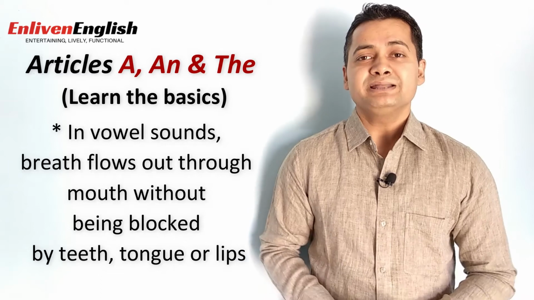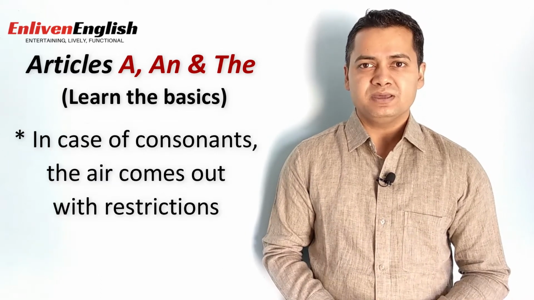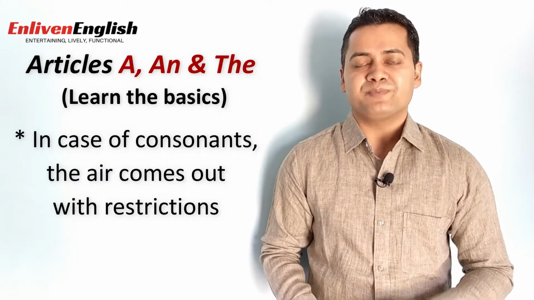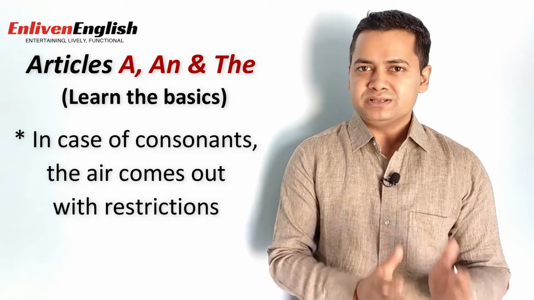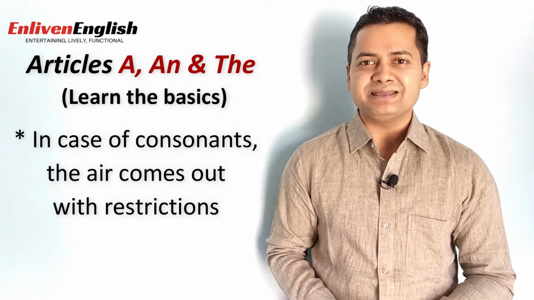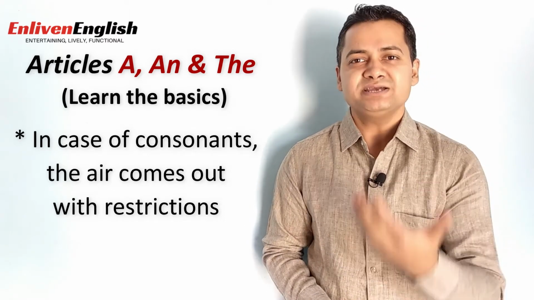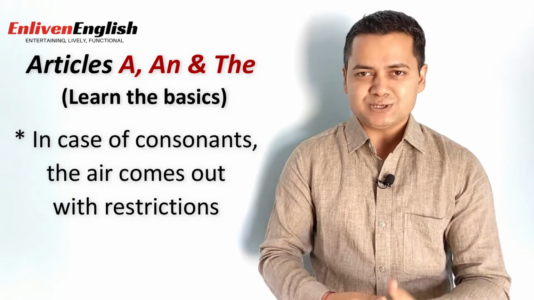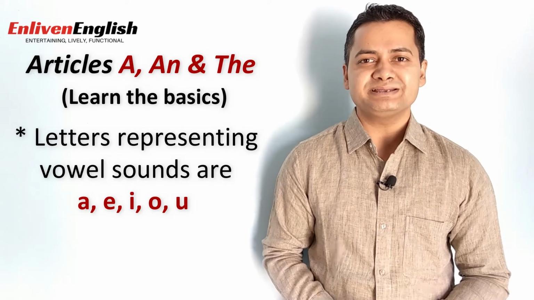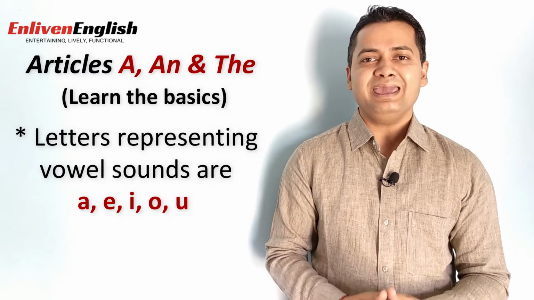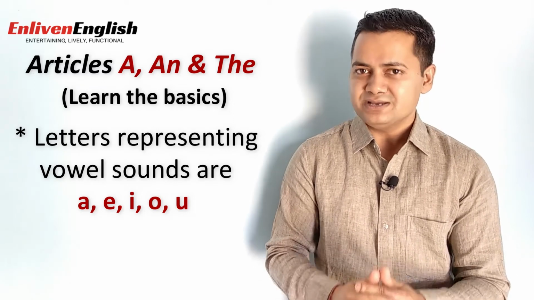In other words, there is no audible friction. In case of consonants, the breath flows out through the mouth with restrictions, especially by the closing of lips or the touching of teeth with tongue and so on. The letters representing the vowel sounds are A, E, I, O and U.